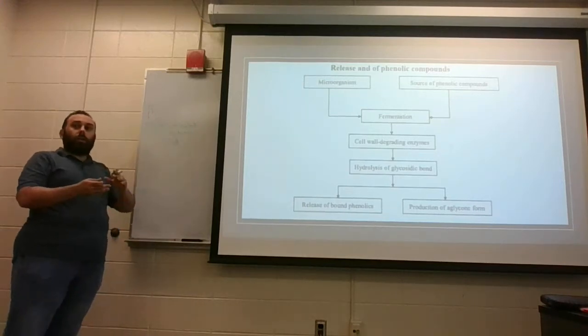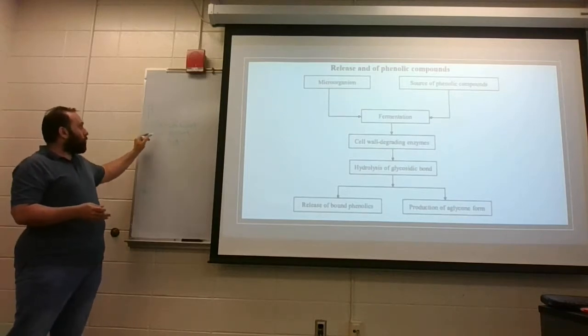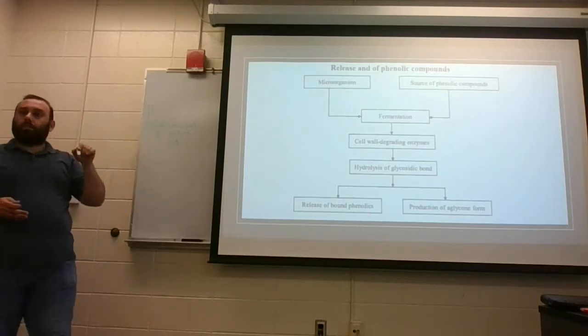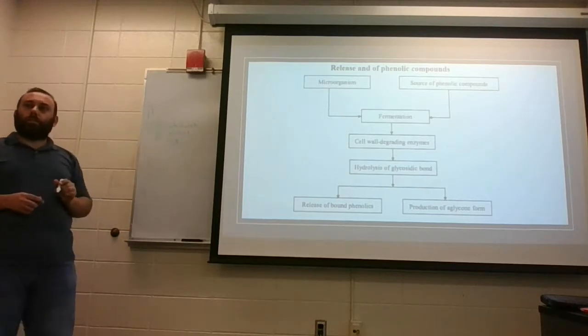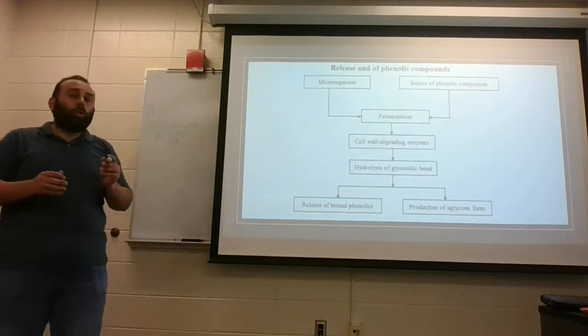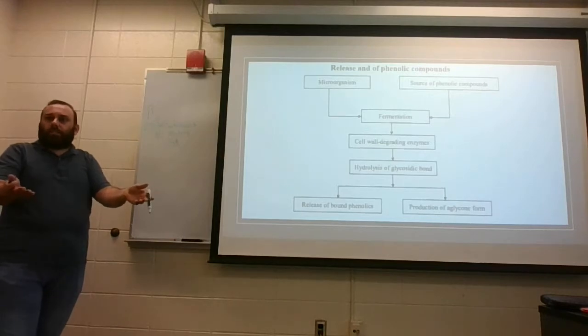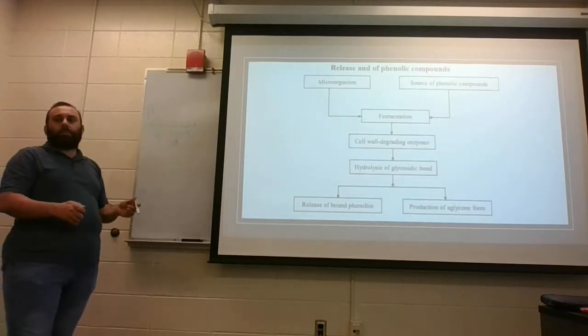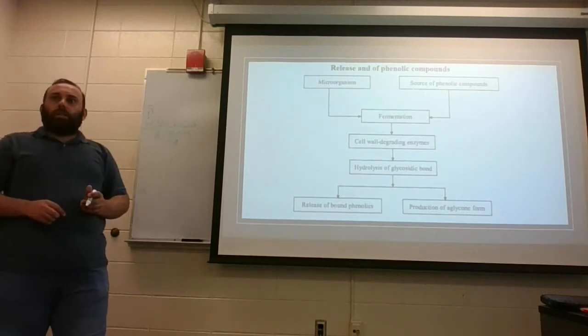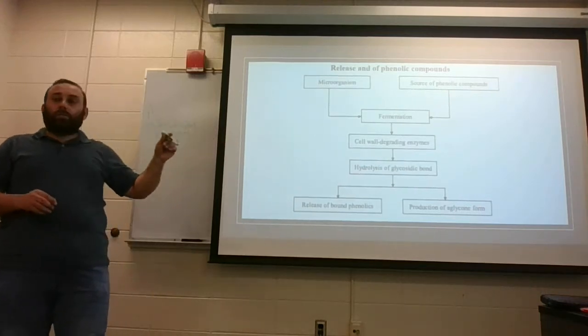So when we stop the process, we can get this chemical, because this is continuous building up. When you destroy the cell, you stop all these pathways. But why do you want phenolic compounds?